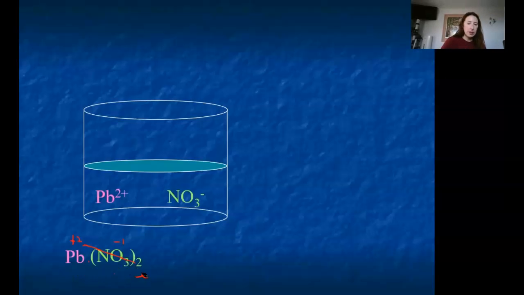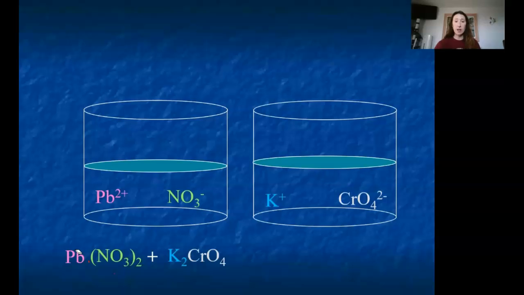But this is lead 2 nitrate. Now, it is aqueous. If you look at your solubility table, it says it's aqueous. The one I tell everyone to memorize is the one that says all nitrates are soluble, because that one's the easiest one. So if you see a nitrate, it's AQ. Again, AQ means it comes apart into pieces.